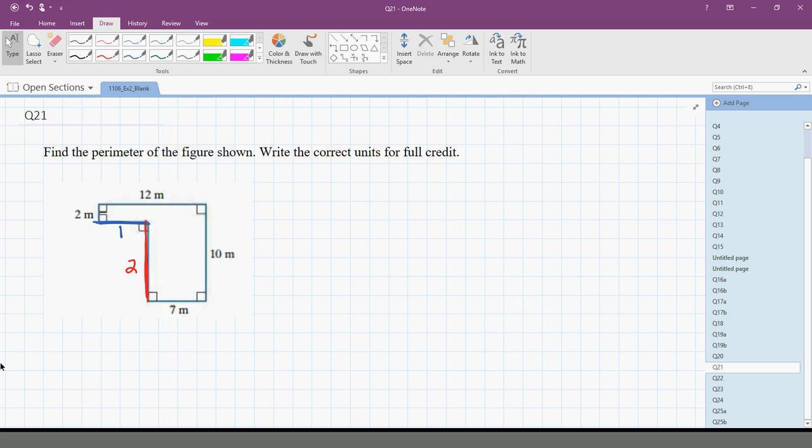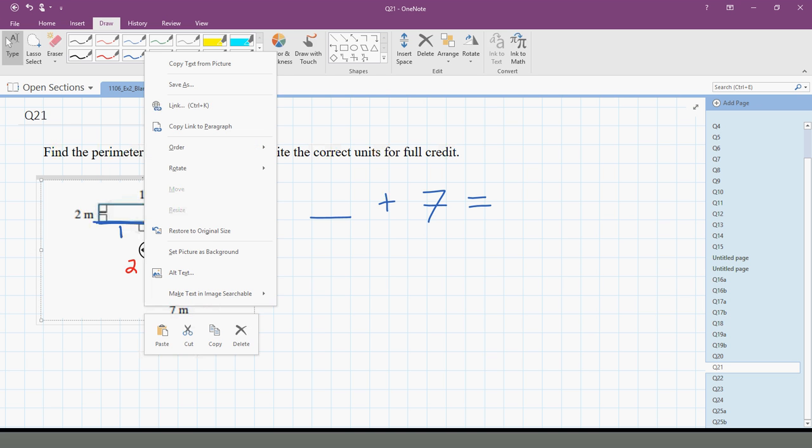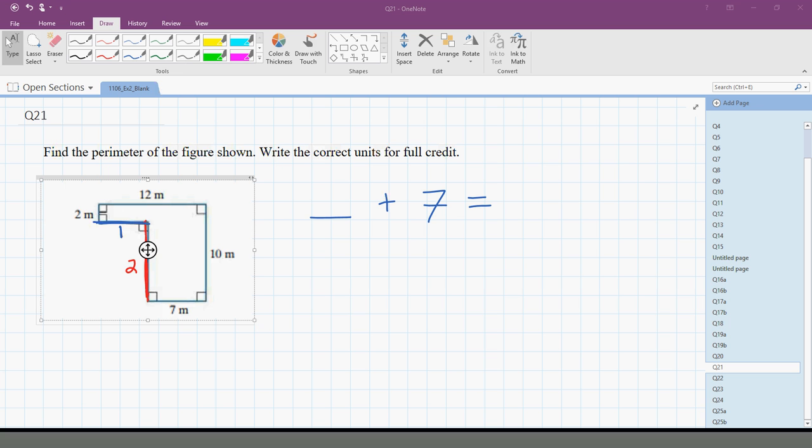The 7. Because whatever side 1 is, right? And the 7, do you know how much that should equal if we added them together? How far across should that be?